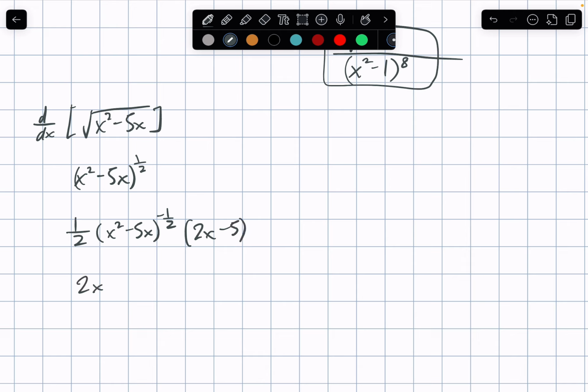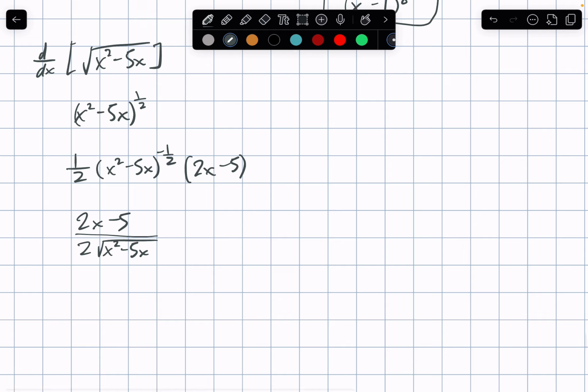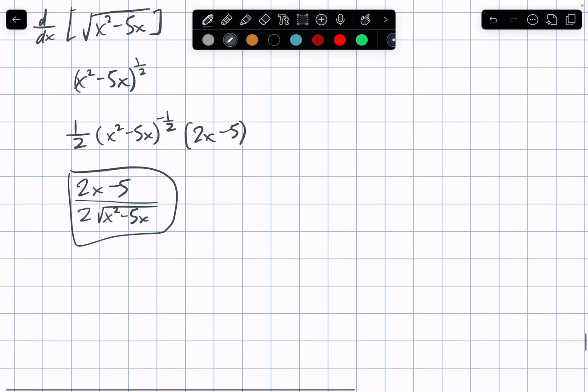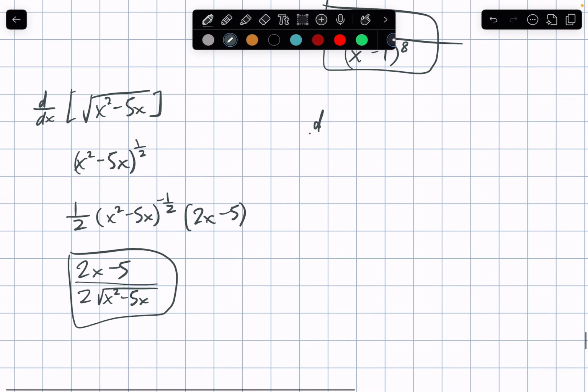And then we bring this down so that the negative sign would be turned to positive. And then, well, just rewrite the raised to 1/2 as a radical sign again. And this is the answer. Next, another one.